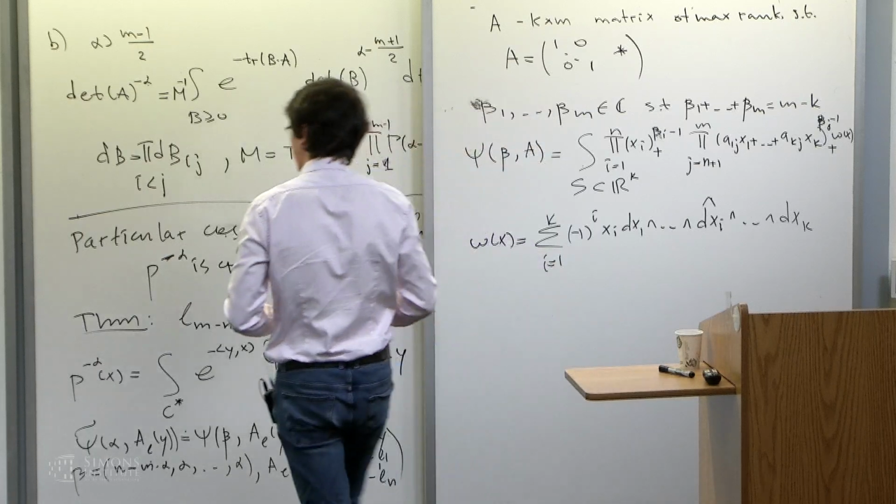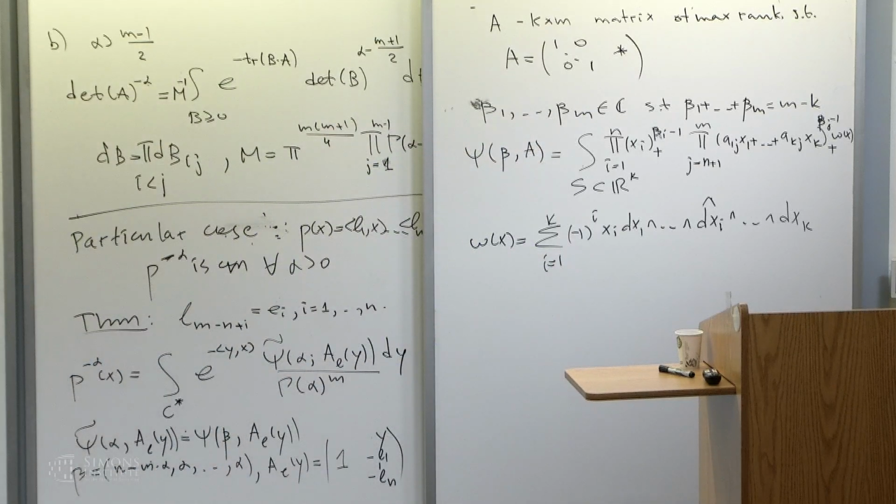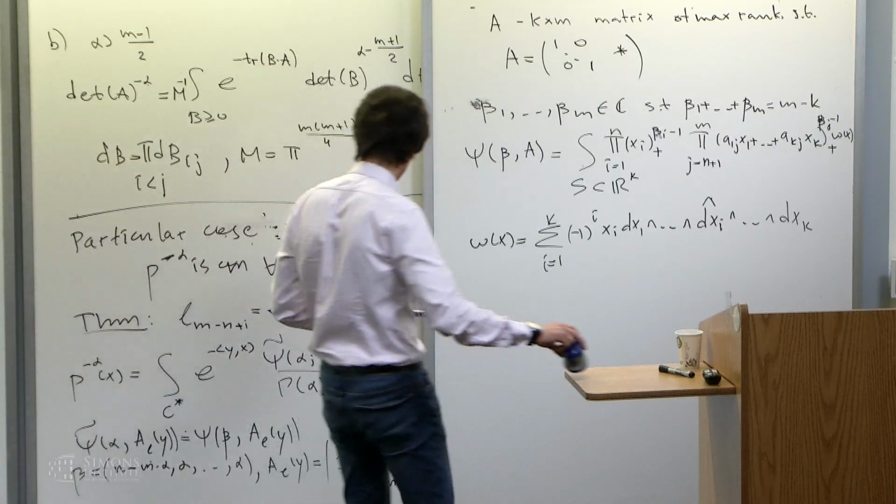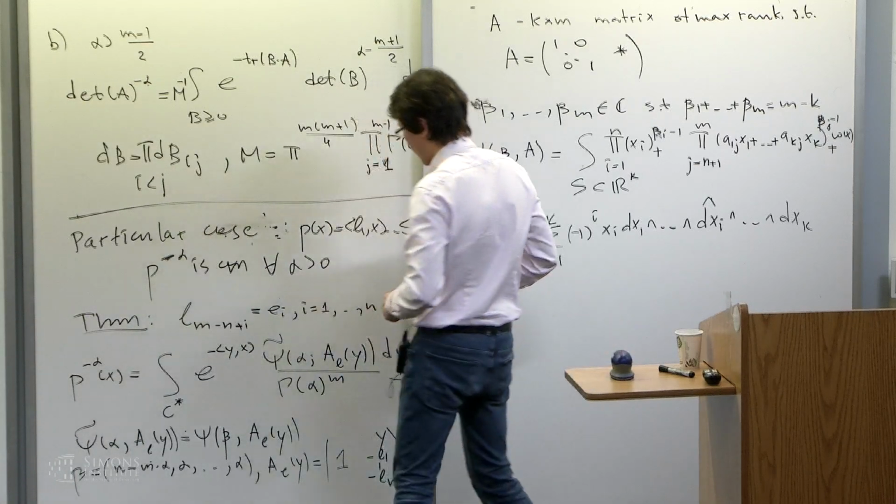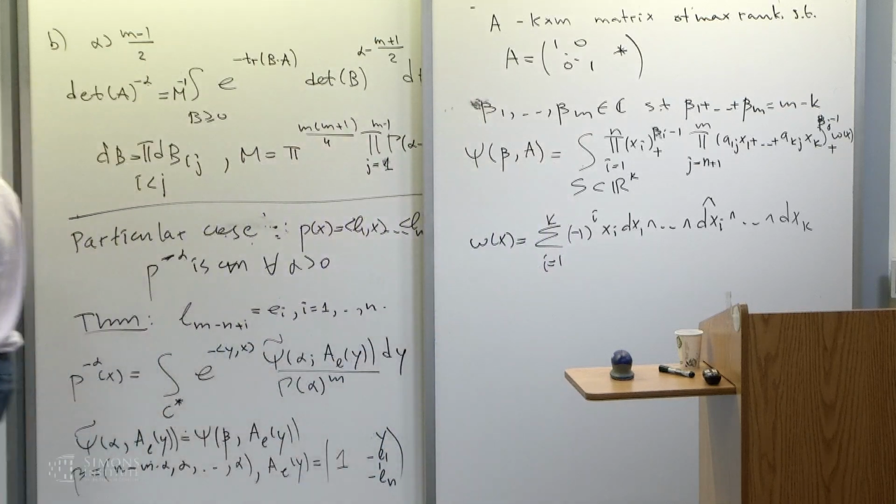Let me just briefly mention why it is interesting. For some special values of this Riesz kernel, you can get functions that appear in combinatorics. For example, let me take alpha to be 1. So I'm interested in complete monotonicity of the reciprocal of products of linear forms.